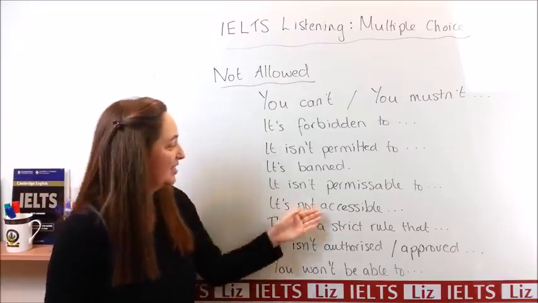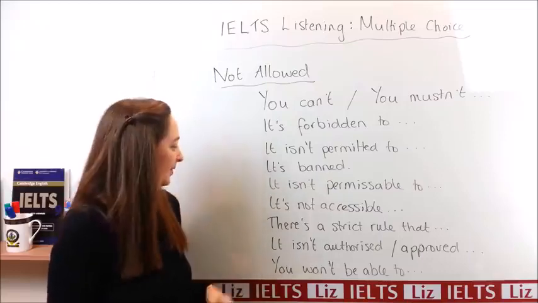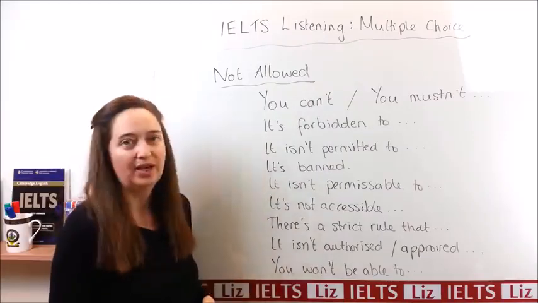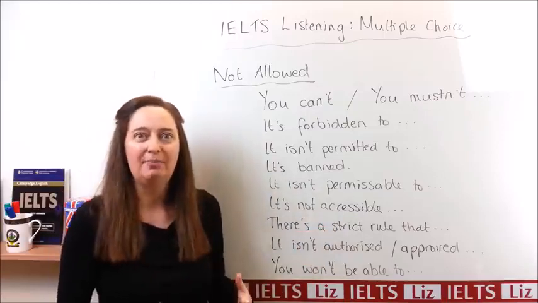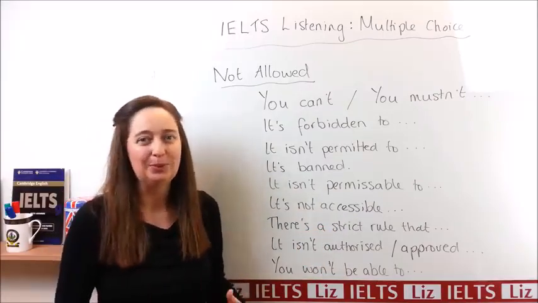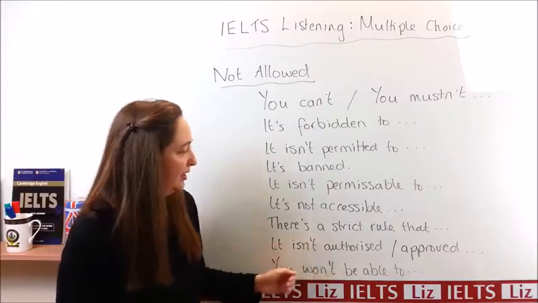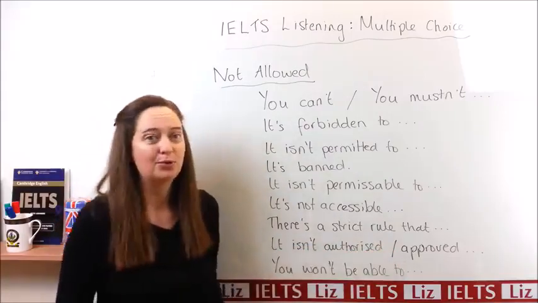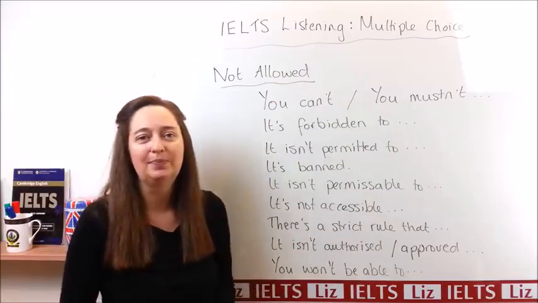It's not accessible. That means you can't get to it or you can't enter. There's a strict rule that. Strict is a negative word, so that means that you can't. It's a rule to stop you. It isn't authorised or it isn't approved. And of course you could say you won't be able to.